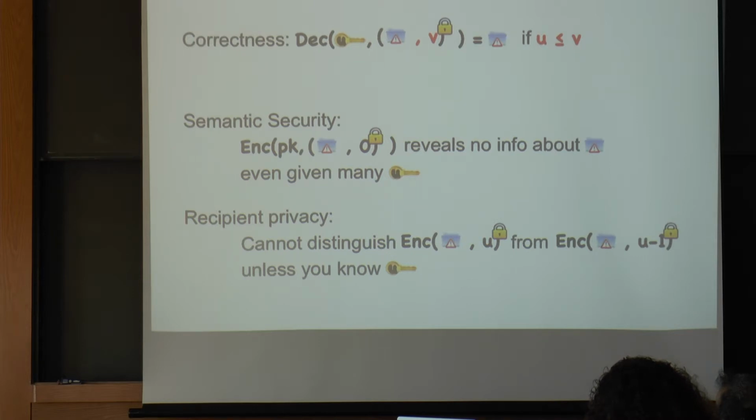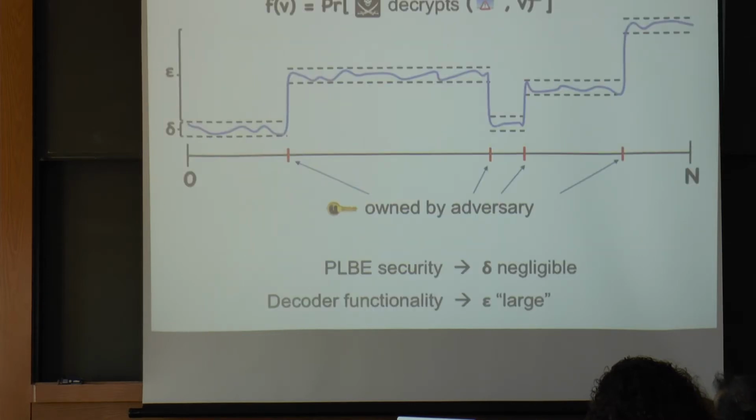Okay. So given private linear broadcast, we can actually trace. Here is roughly how it works. I'm going to define a function on the integer v that I send into the encryption algorithm. Basically the function is the probability that the pirate decoder produced by the traitor is able to decrypt a ciphertext encrypted with that index.